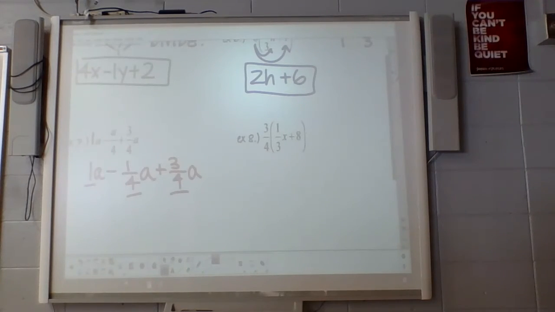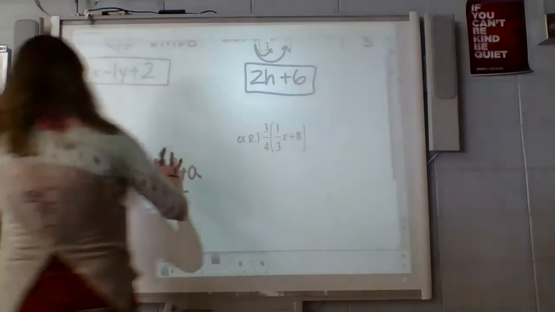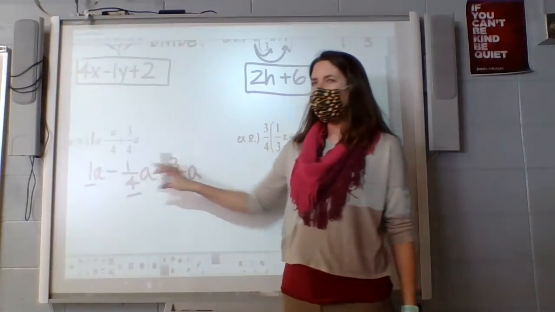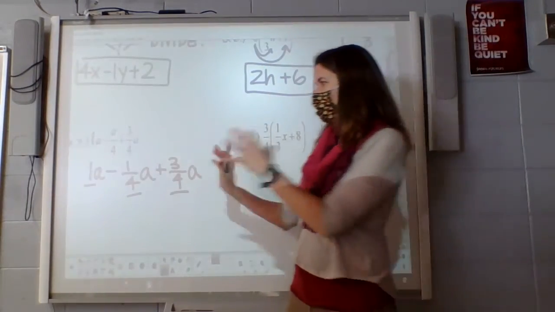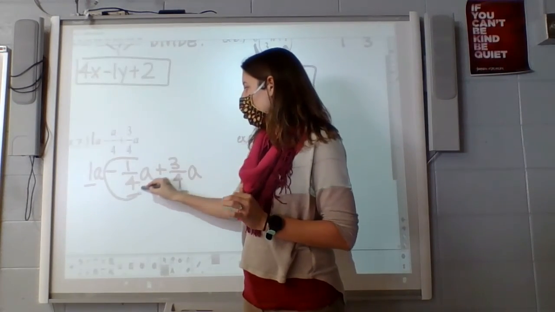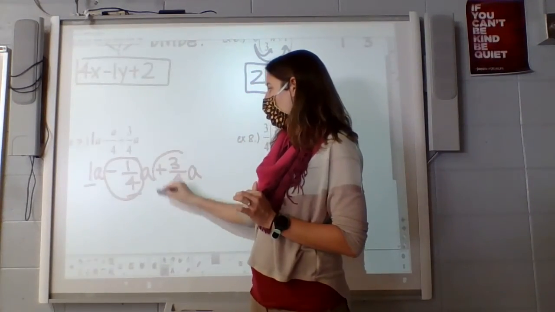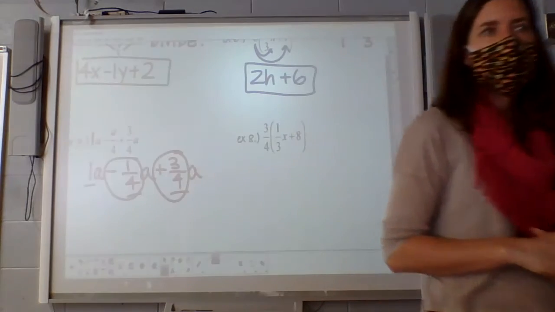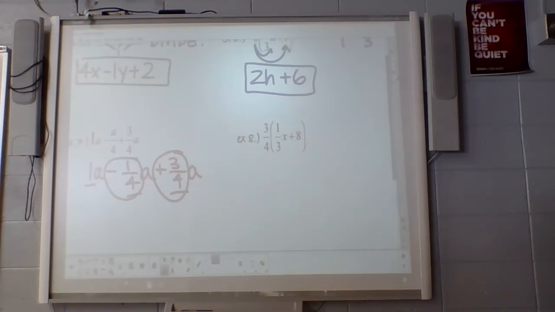What's that? Yeah, so he said that he'd really like to combine these two. They already are alike, so I want to get rid of those. But careful, this is a negative 1/4 here, and a positive 3/4. So it'd be a half, or 2/4, right?